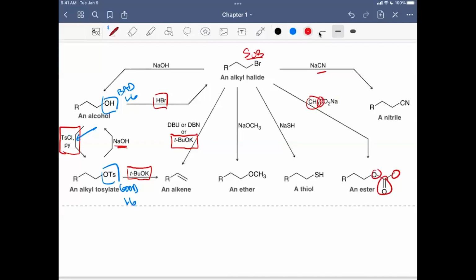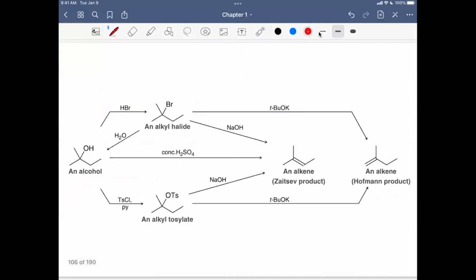All right, one more here that you haven't seen is this concentrated H2SO4. That's another elimination reagent that you can use to get the most substituted carbon. So this would give you the most substituted double bond.